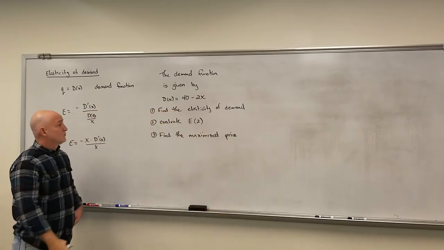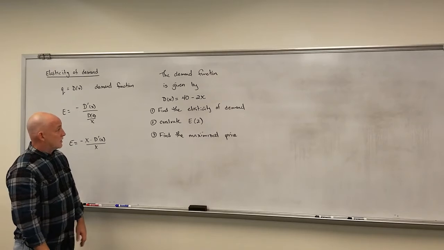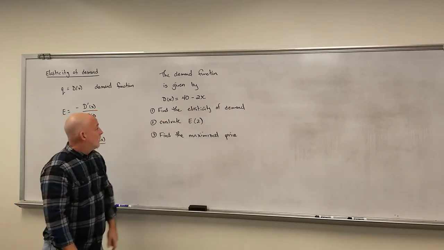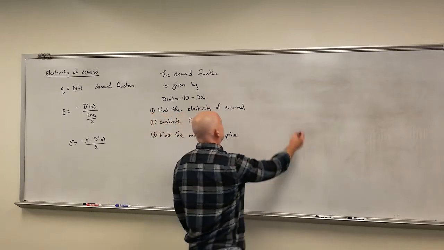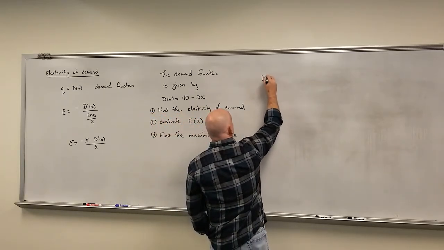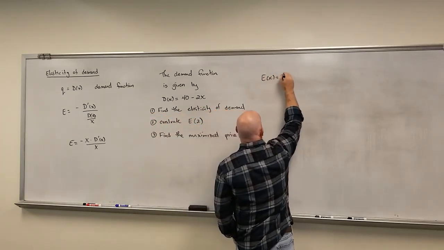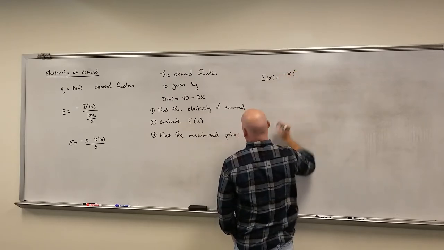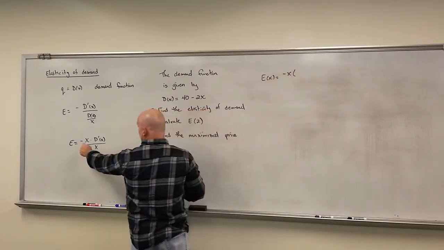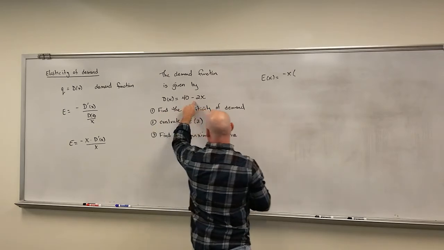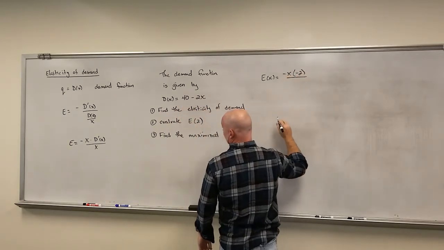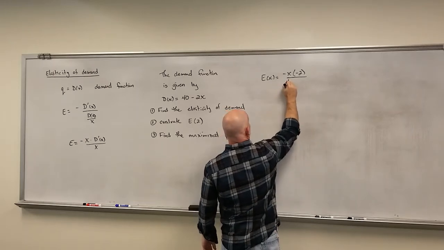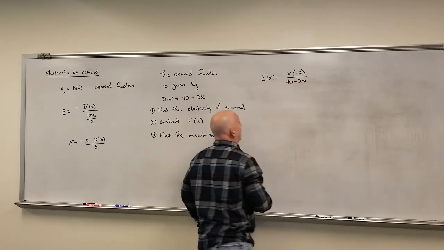So here we go. We have this demand function for whatever we're selling. Who knows what we're selling? We have x, so let's plug it in here. Our elasticity function, E of x, will be negative x times, I'm just reading off here, D prime of x, which is negative 2, all over D of x, which is 40 minus 2x.